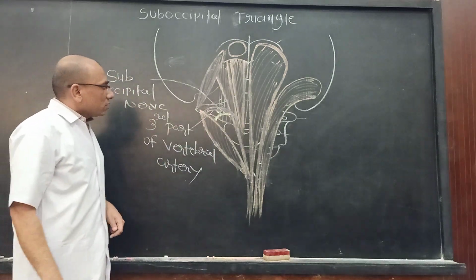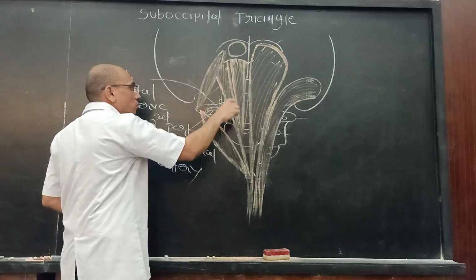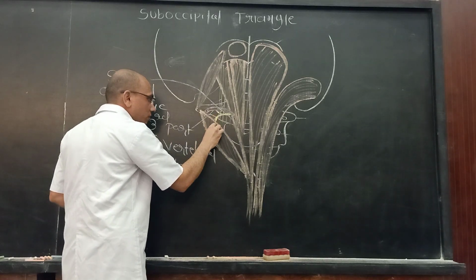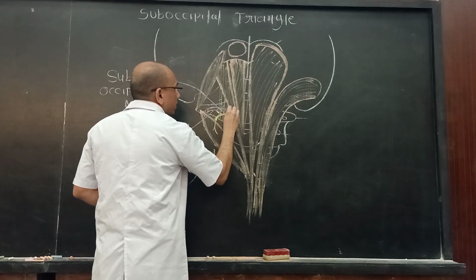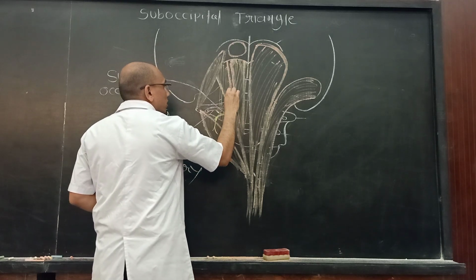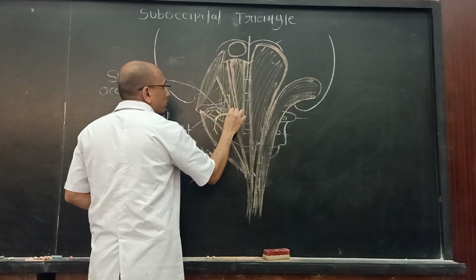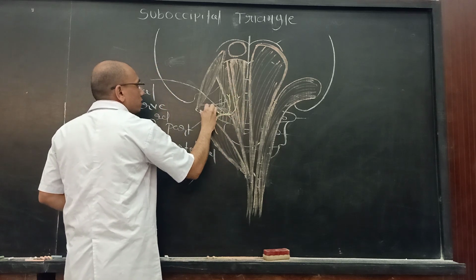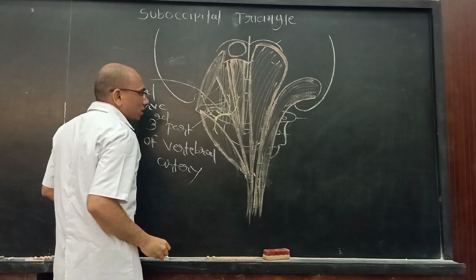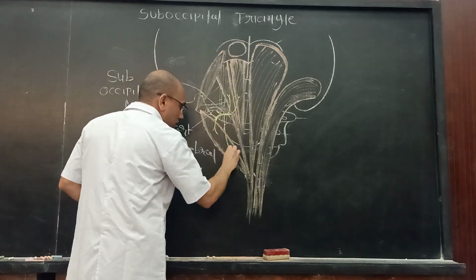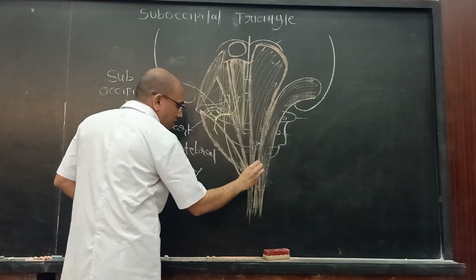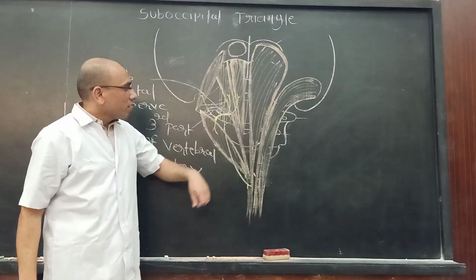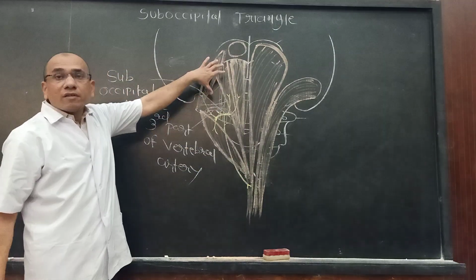Dorsal branch is the muscular branches which form the boundary of the suboccipital triangle. It supplies the inferior oblique muscle, the rectus capitis posterior major, the rectus capitis posterior minor, and the superior oblique muscle. And it gives branch to the semispinalis capitis, which forms the roof of this triangle.